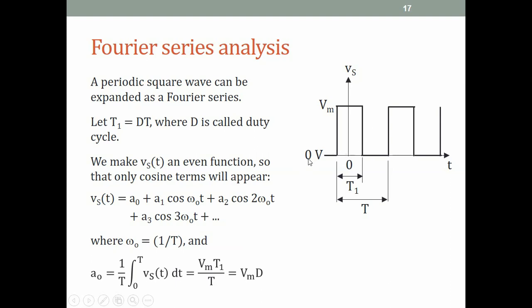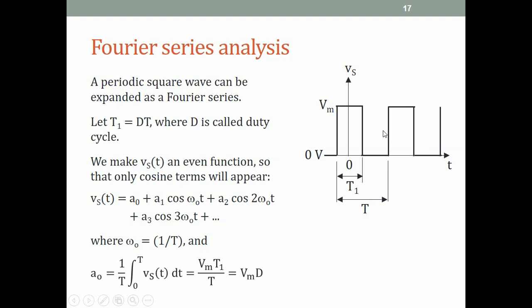And so let us say it is a square wave that goes from 0 to Vm, and the voltage is Vm for a time capital T1, and the total time period is capital T. Then this is a periodic function of time, and therefore it can be expanded in a Fourier series, which I assume you studied last semester.